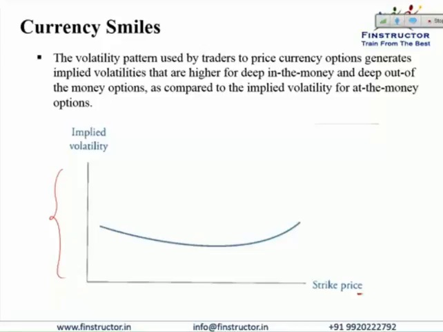That is, the volatility pattern used by traders to price currency options generates implied volatilities that are higher for deep in the money and deep out of the money options as compared to the implied volatility for at the money options. So for at the money options, comparatively, the implied volatility comes out to be lower.